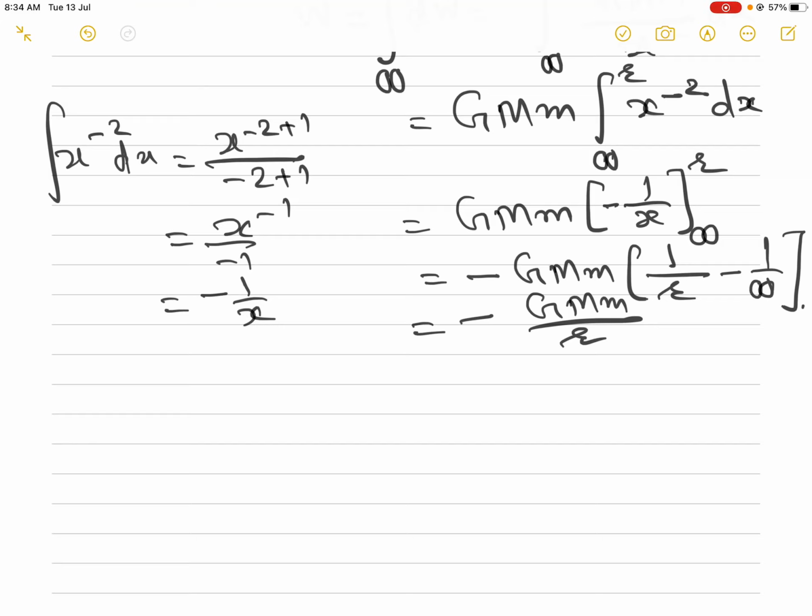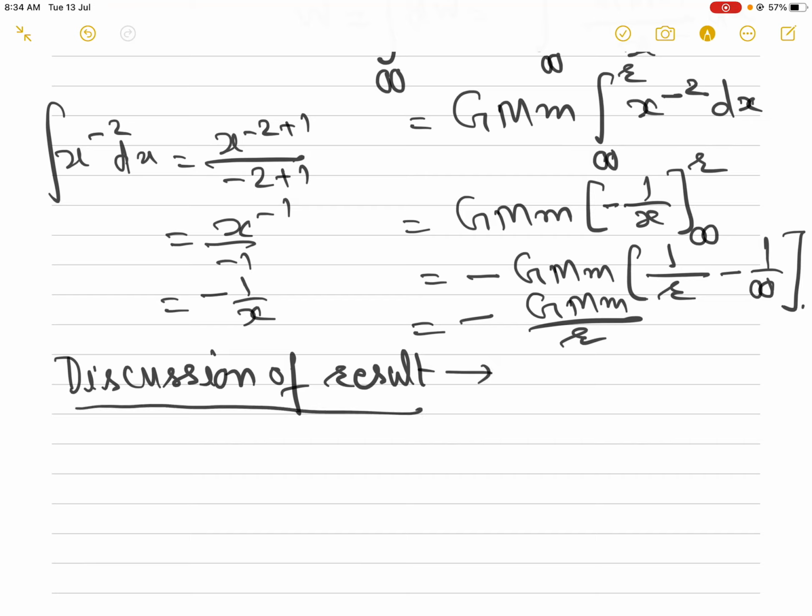Now the discussion of the result. Negative sign shows that the potential energy is due to attractive gravitational force.